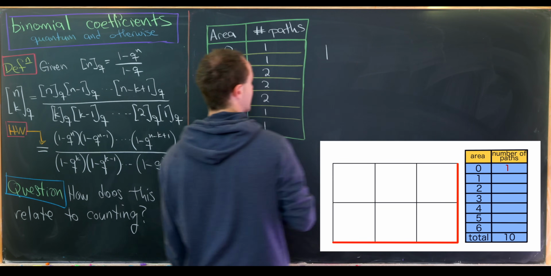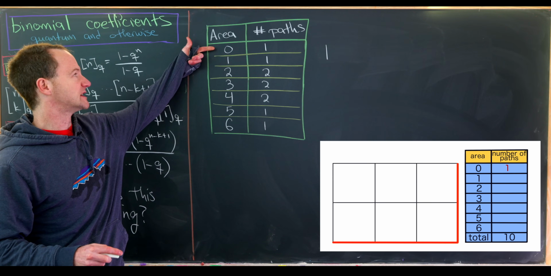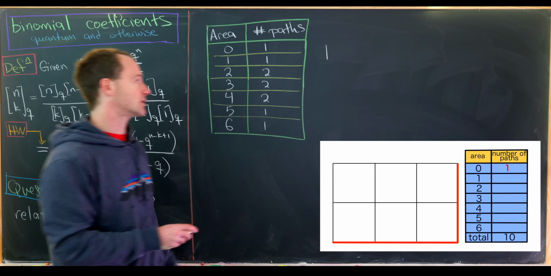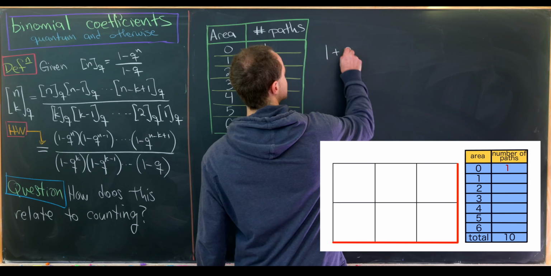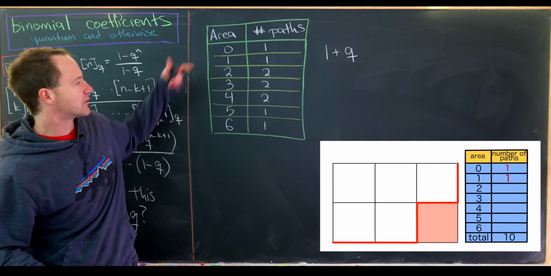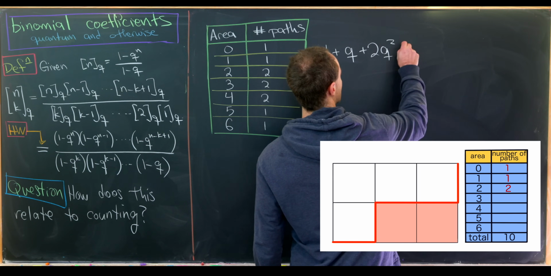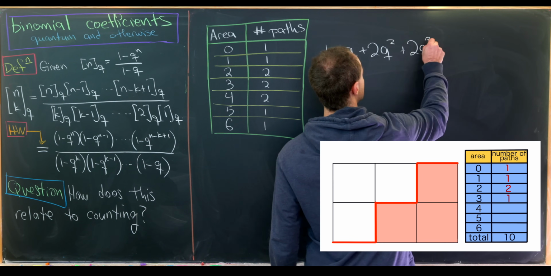So we have 1, just the plain old number 1 times q to the 0. That's the counting of the path with area 0. And then we'll have plus q to the first power. So that's the counting of the path with area 1, plus 2q squared plus 2q cubed.